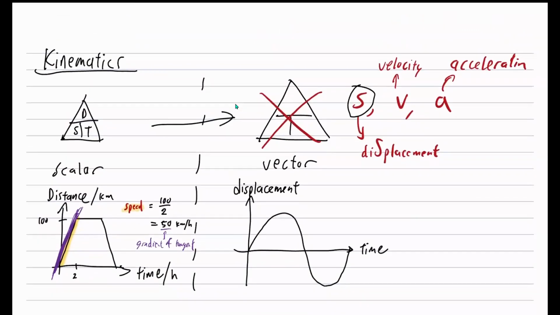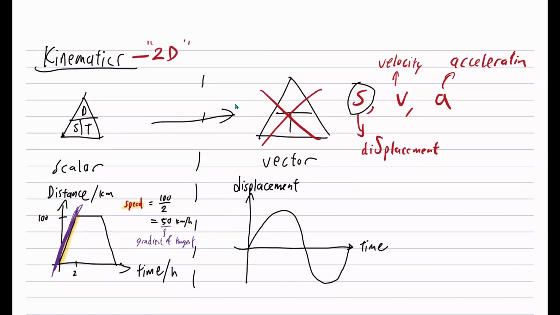This is the topic in A-Math called 2D kinematics, because it can only move to the left and to the right, two directions, two-dimensional. Sorry, no. This is not 2D, this is 1D. One-dimensional. Move in two different directions, but only along one line. So it's one-dimensional kinematics.